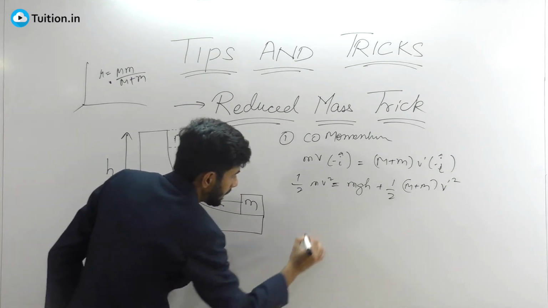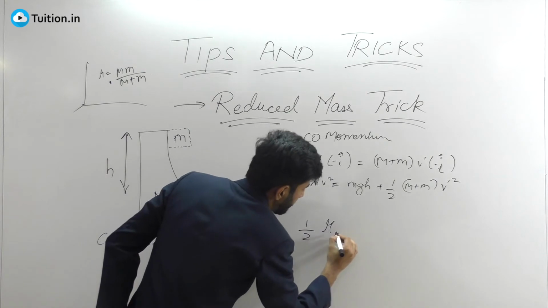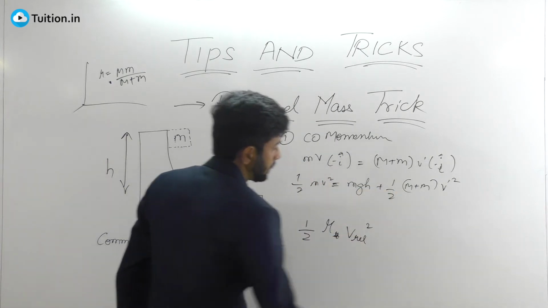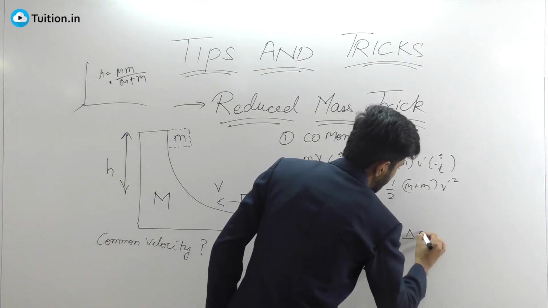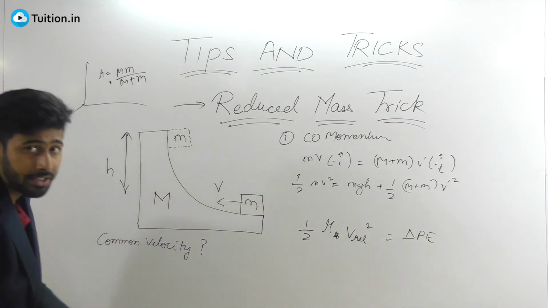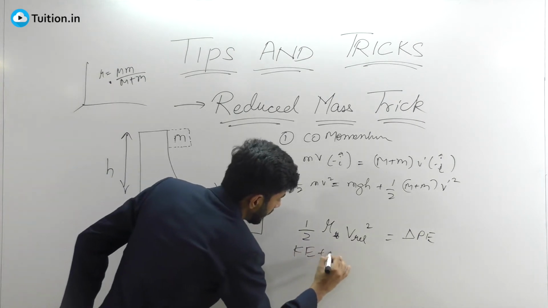I can use this particular equation: half into mu into v relative square is equal to the change in potential energy. Basically I'll apply conservation of energy, kinetic energy plus potential energy remains constant.